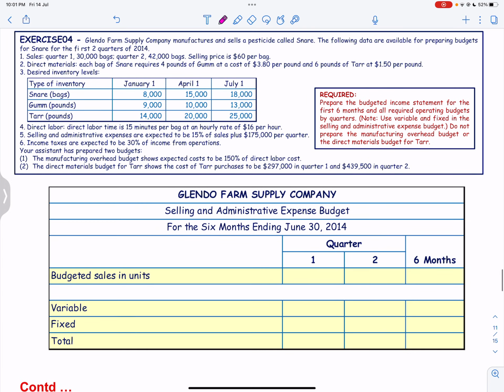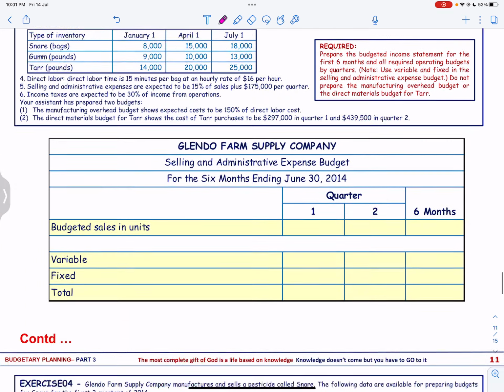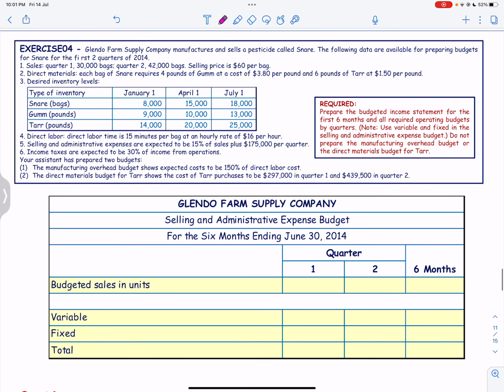Now when we prepare the selling and administrative expenses budget, we look into the budgeted sales, and that is 30,000 and 42,000, and this is equal to 72,000.